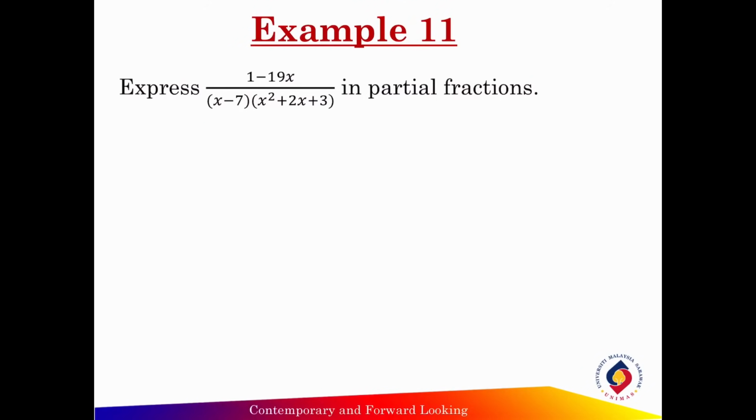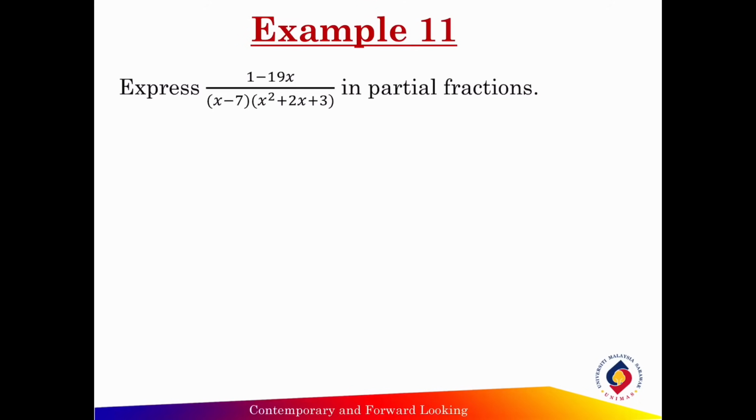Let's look at example 11. We have (1 minus 19x) over (x minus 7) times (x squared plus 2x plus 3), and we want to express this in partial fractions. Okay, so we have to determine whether this is a proper or improper rational function. We can see that the degree of the numerator is less than the degree of the denominator, so this is a proper function.